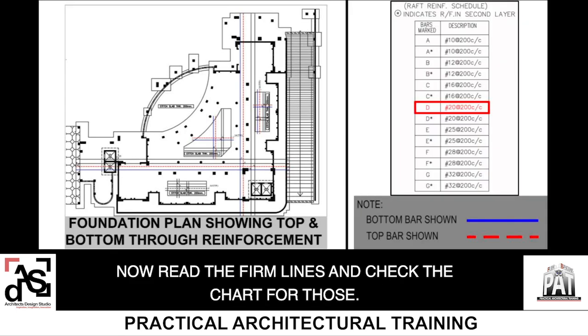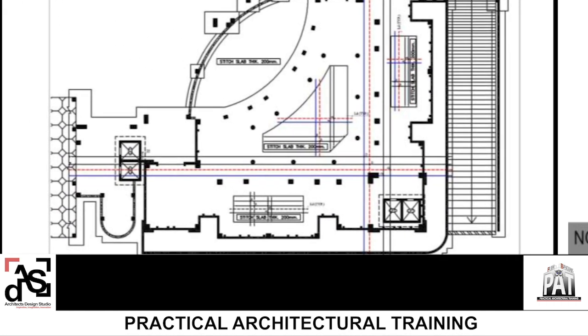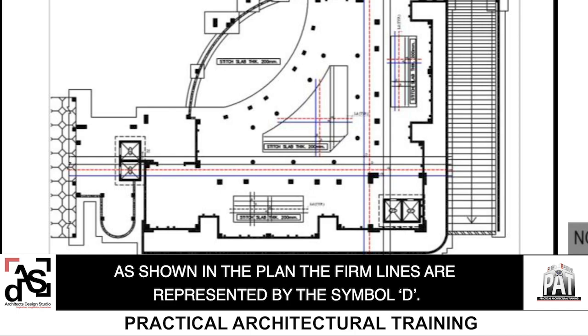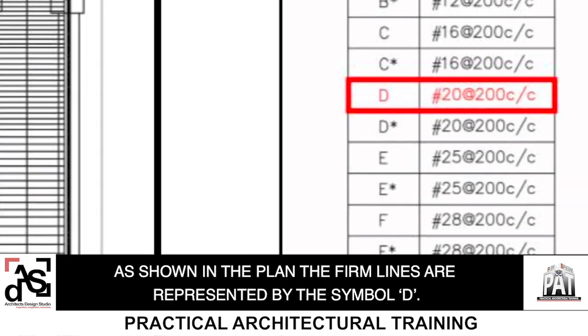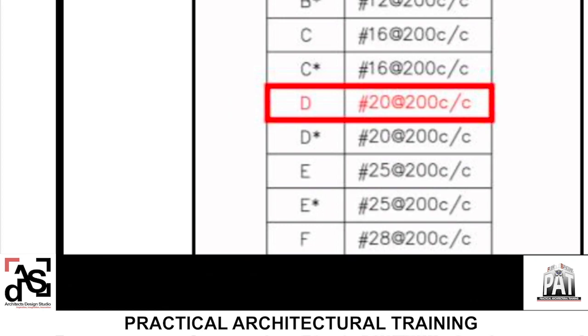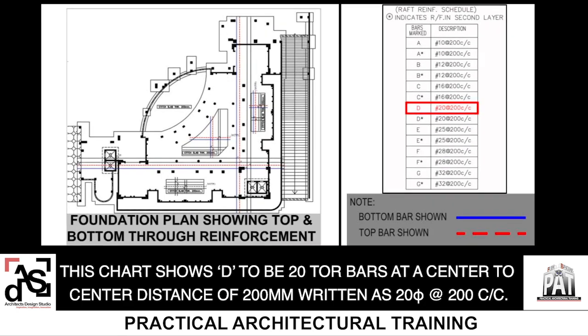Now read the firm lines and check the chart for those. Have a closer look at the chart. As shown in the plan, the firm lines are represented by the symbol D. This chart shows D to be 20 torr bars at a center to center distance of 200 mm. This is written as 20 torr at 200 center to center.